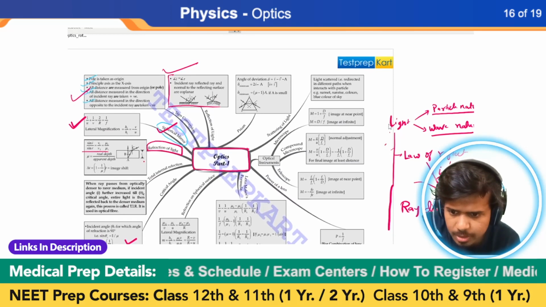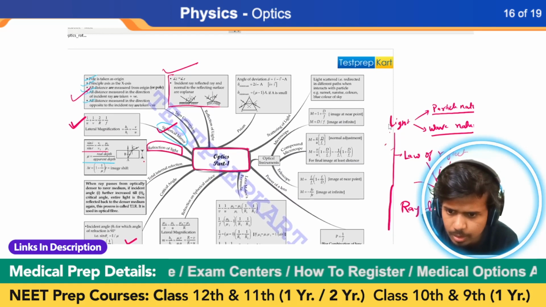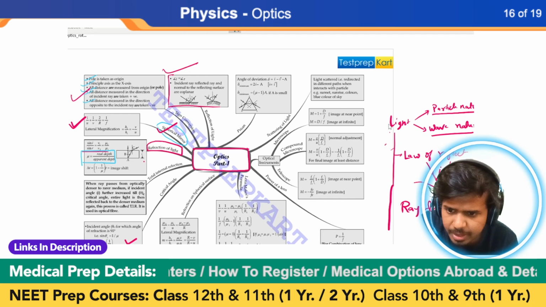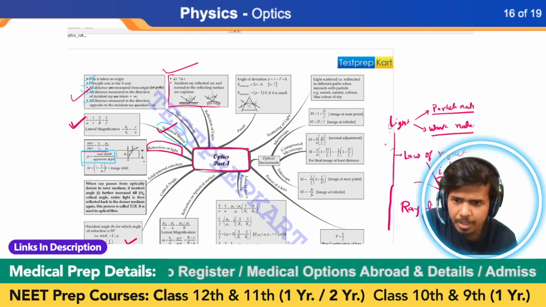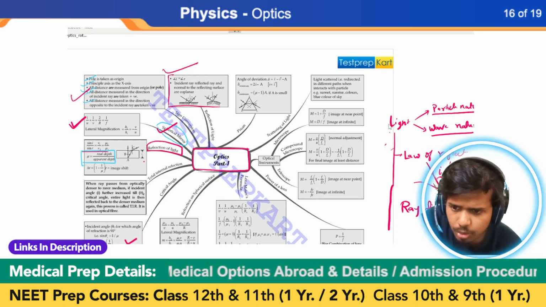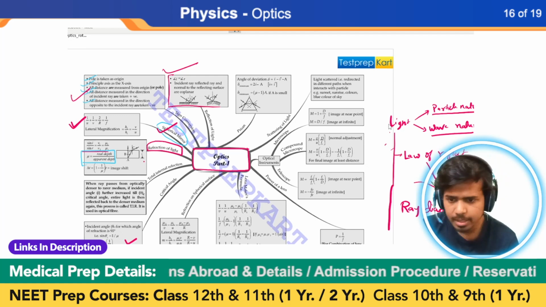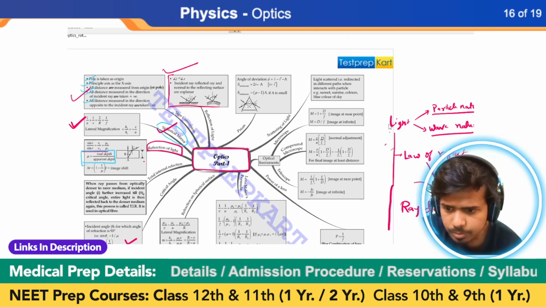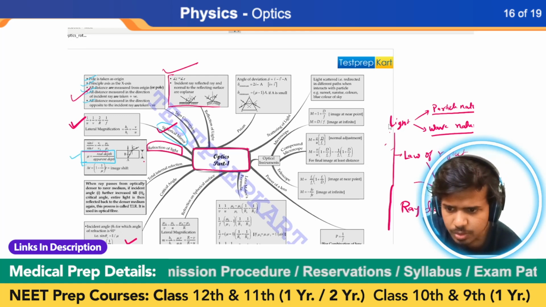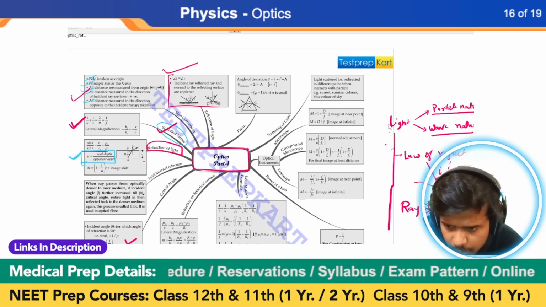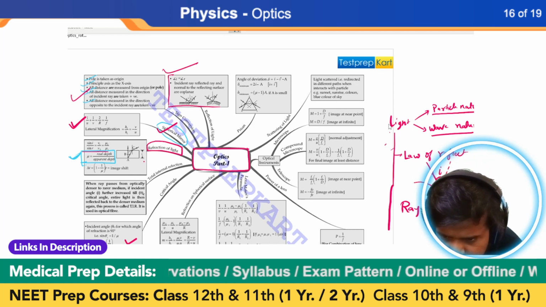This you can remember from here. Mu is equal to real depth upon apparent depth. Although the derivation was not exactly important, you just have to remember this one. That will be okay.